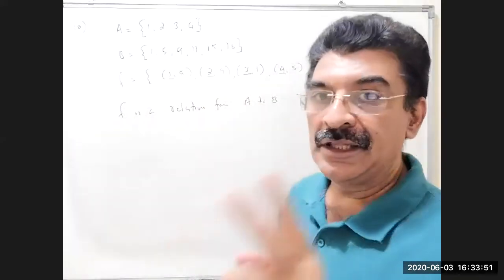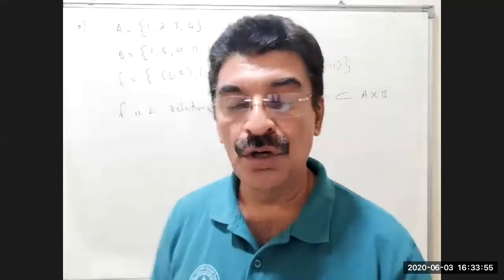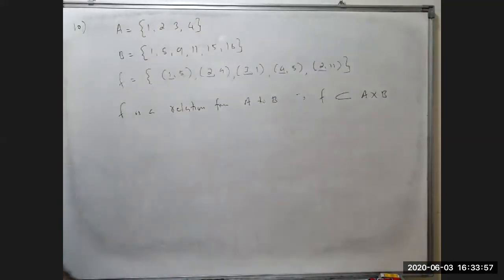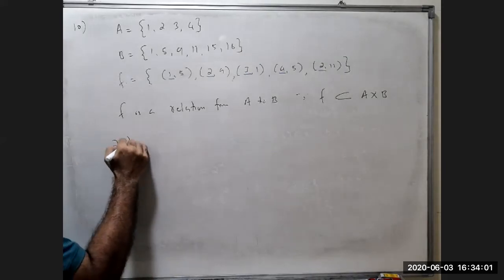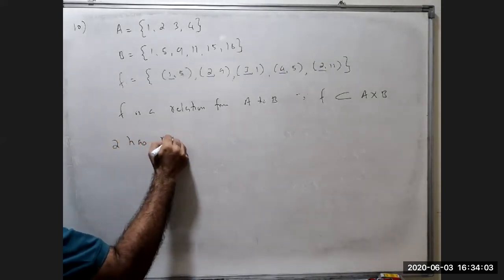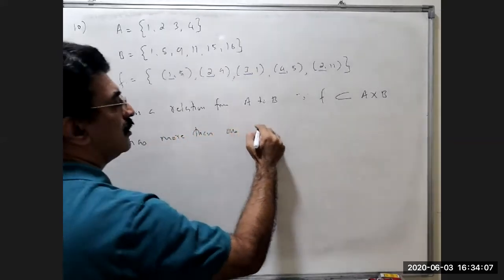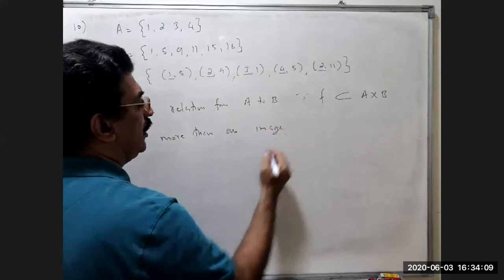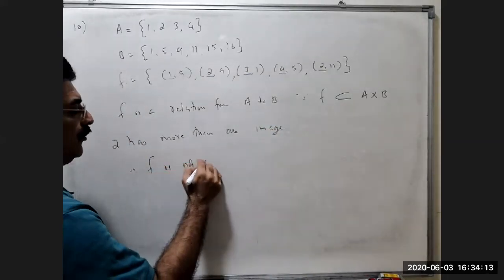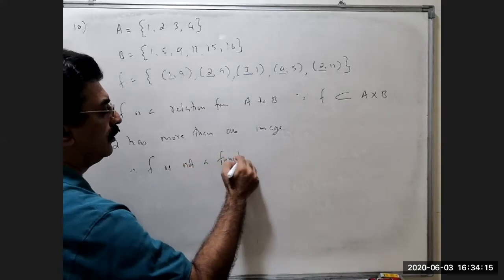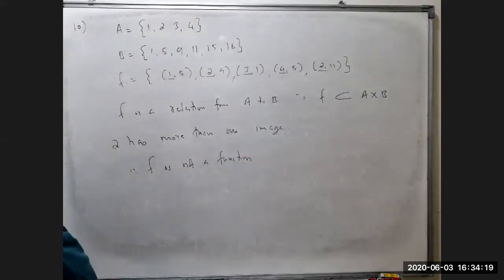That means the element 2 has two images. Therefore, not a function. The element 2 has more than one image. Therefore, F is not a function.